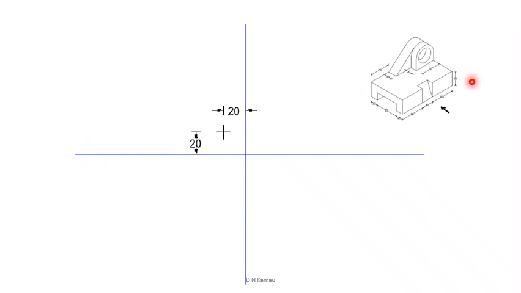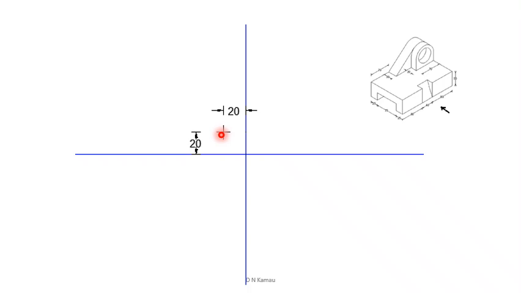And then next, we go to that height, which is 50, and therefore we measure 50, because we shall end up doing this rectangle here, bearing in mind that our first point is this, which already is there.